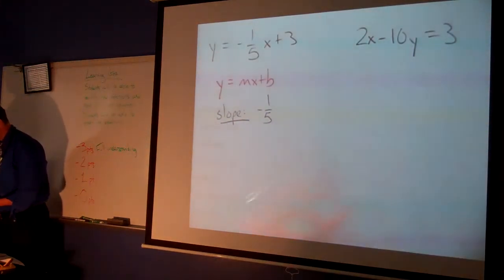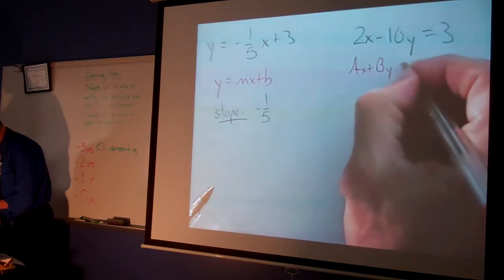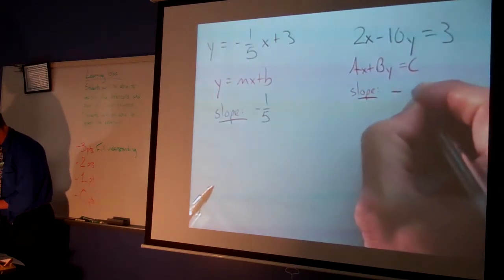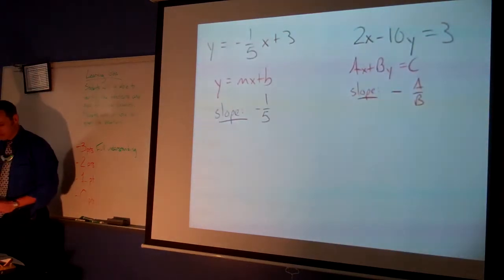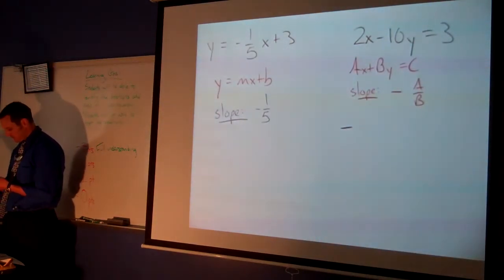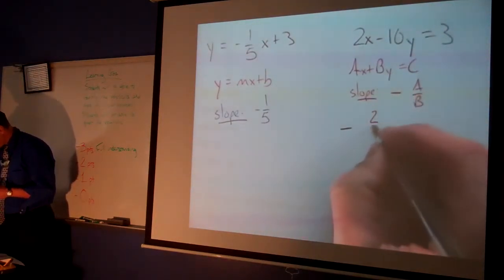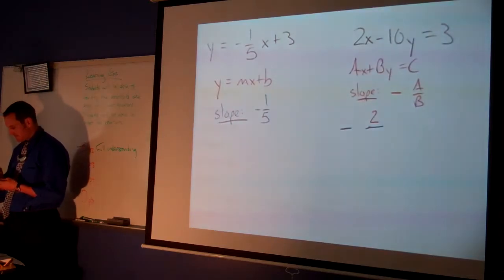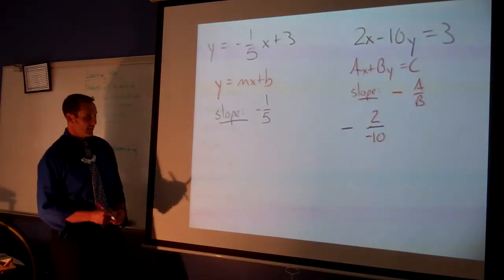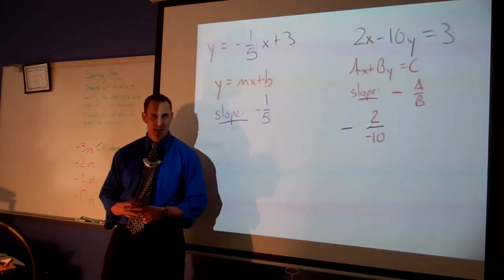But using the shortcut, we know that this is in standard form, and the slope is the opposite of a over b. So in this case, it's going to be the opposite of 2 over negative 10.